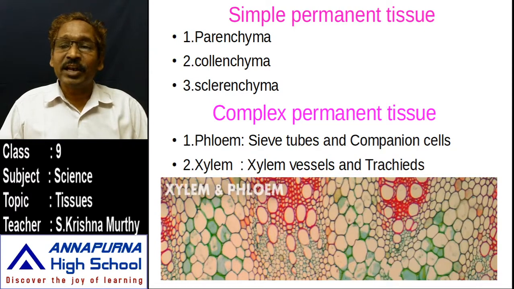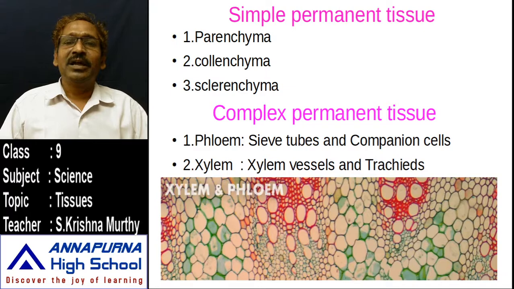They have intercellular space, and these parenchyma cells are located all over the body parts, such as the tender parts of the plant body. What are the tender parts of the plant body? All the leaves are tender, the stem is also tender, and the root is also tender in some areas.